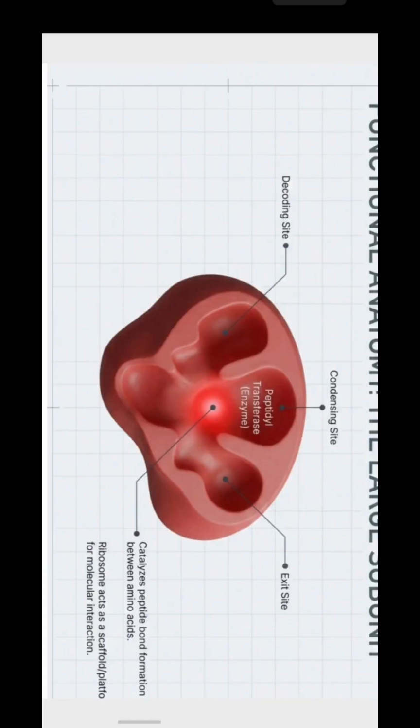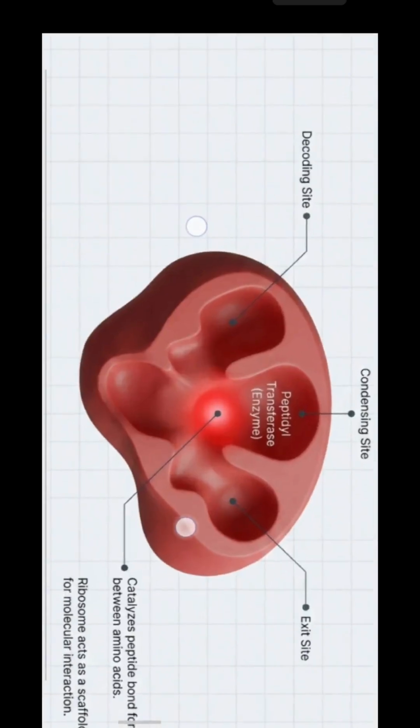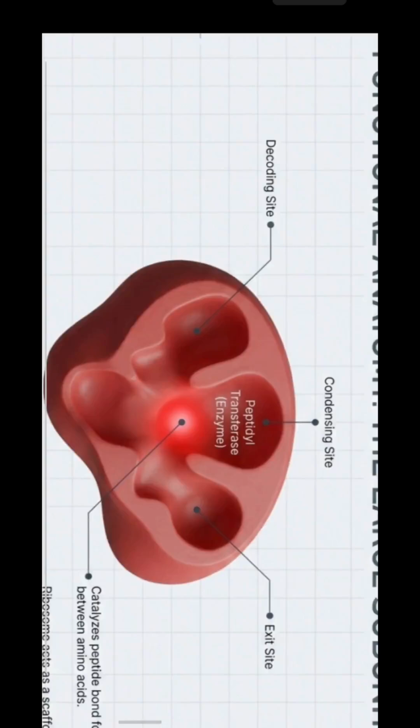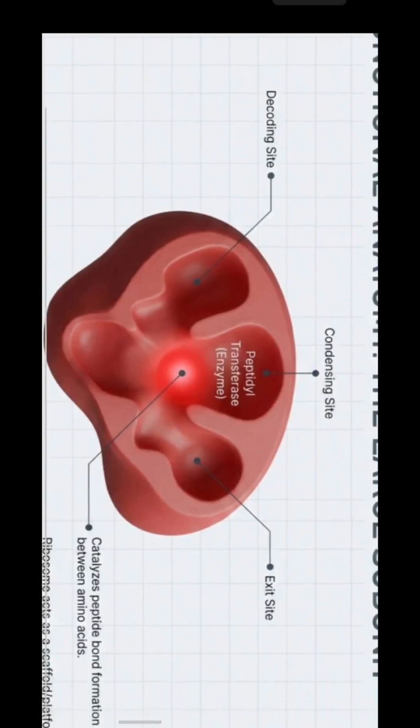The decoding site is also called the acceptor site, represented by A, while the condensing site is called the peptidyl site, represented by the letter P. Here the peptidyl transferase is an enzyme which forms a covalent peptide bond during protein synthesis. It is an integral part of the largest subunit of the ribosomes.